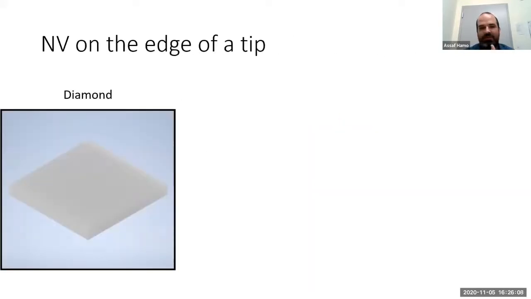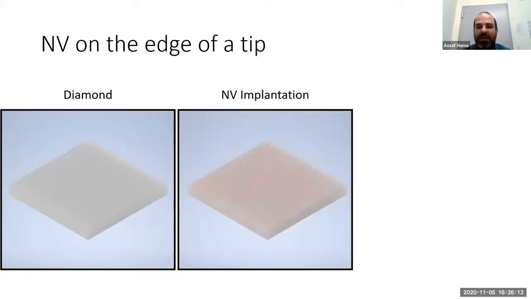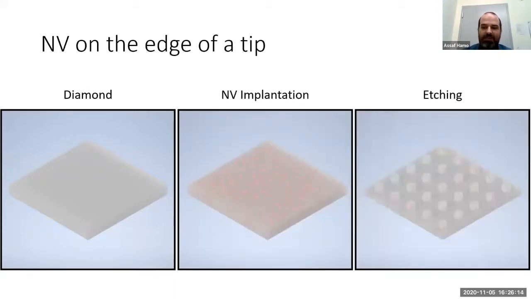You start with a plain diamond, you implant NV centers inside, and then you etch this diamond into many pillars. Statistically, depending on the density of the implanted NVs, some pillars will contain exactly one NV center inside.